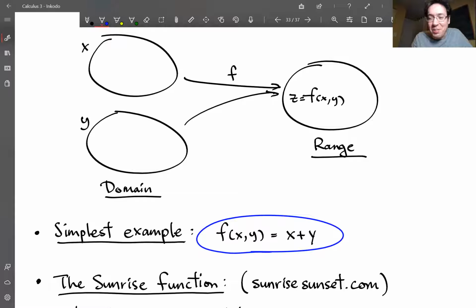You've been doing this all your life, right? You add two numbers together. We usually think of two numbers being added together, or maybe one variable and a constant like x plus 2. But you could have both of the numbers being added be variables as well.